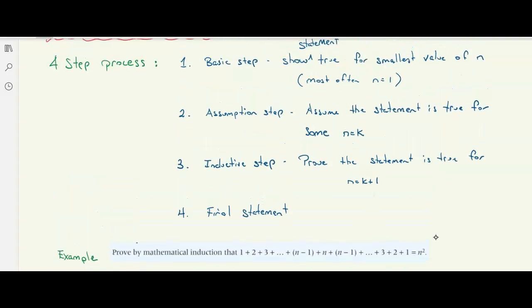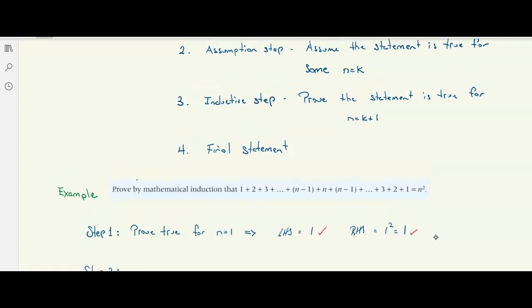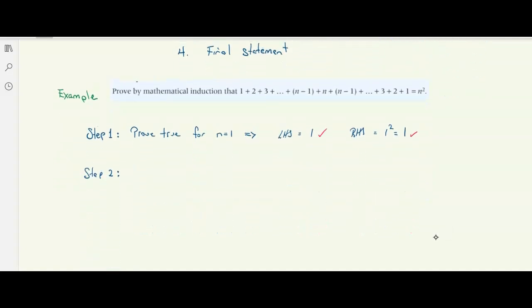The assumption step: assume that the statement is true for some n equals k. So at this step, we just assume the statement is true for n equals k. All right, so what we're going to do here is just rewrite this.